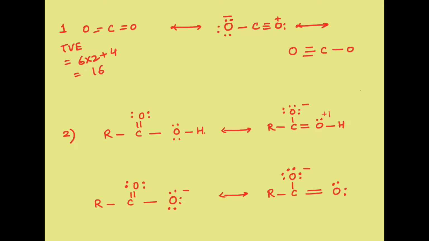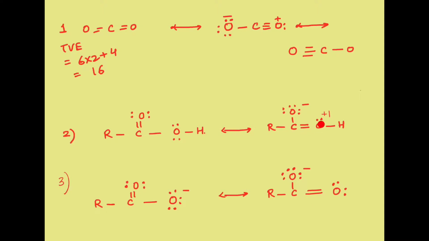Now, similarly, I've drawn the canonical structures of the carboxylate ion as well. So, what am I trying to do? What am I trying to explain over here? Look at the two forms of the carboxylic acid and look at the two forms of the carboxylate ion. In carboxylic acid, your oxygen gets a +1 charge.